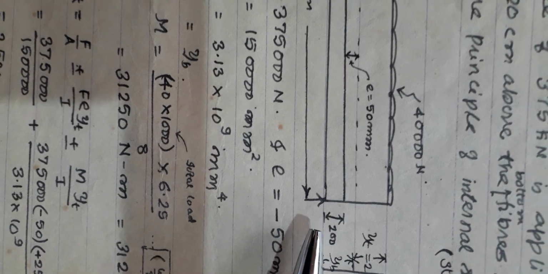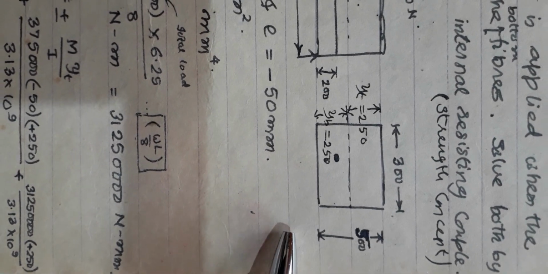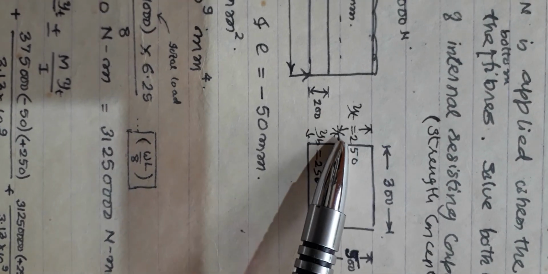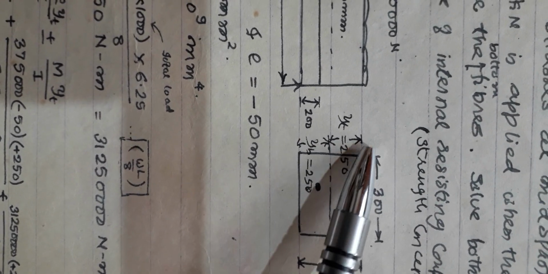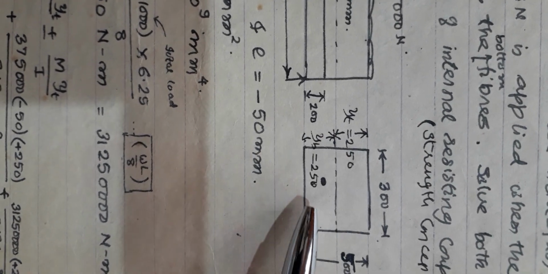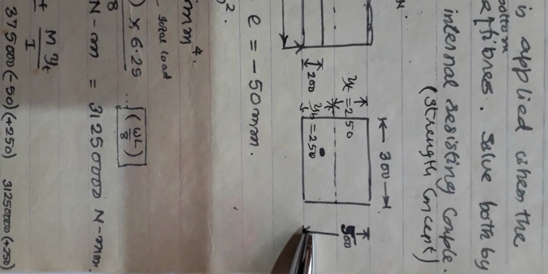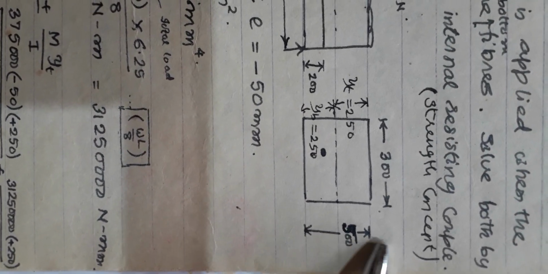So the cross-sectional area of this beam is 300 mm by 500 mm. So I can call this YT, the topmost fiber, it is 250, and the bottommost fiber YB is also 250. I think you can easily write these two because this entire depth is 500 mm.